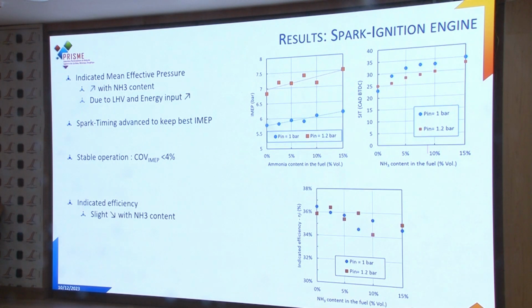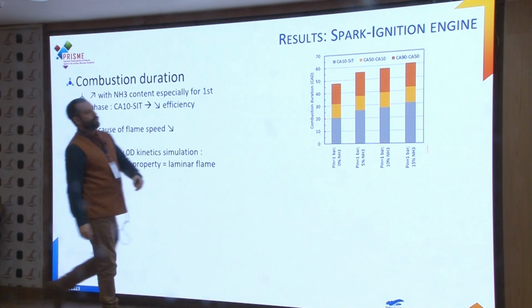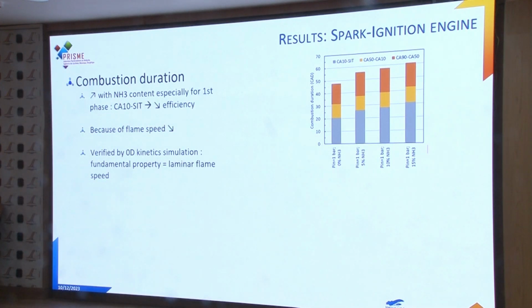In terms of efficiency, we have a slight decrease with the ammonia content, which can be explained partly by the increase of the combustion duration. So you have here the different combustion durations, the different phasing. And we can see that when we add ammonia, they are increasing, especially the initial phase, so between the spark timing and the 10% of mass burn.